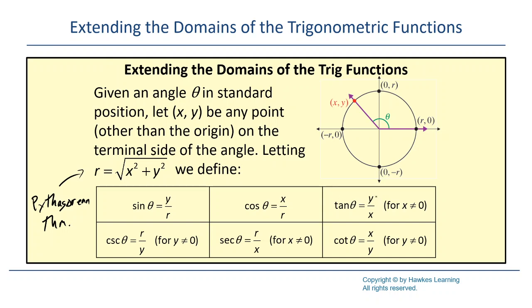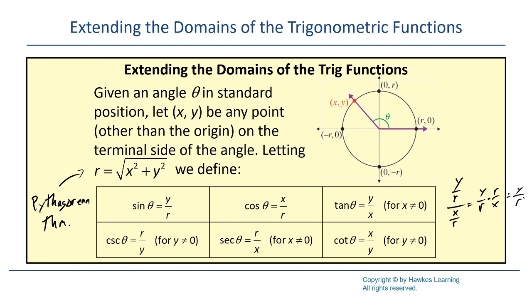Tangent is nice though, because that's still just y over x. Because if you had y over r divided by x over r, that's y over r times r over x, which still reduces to y over x.